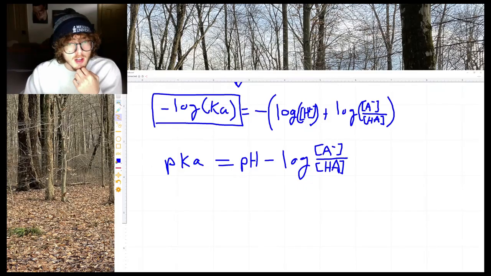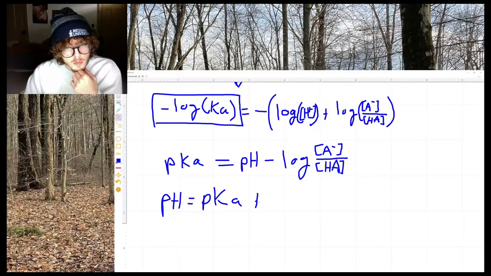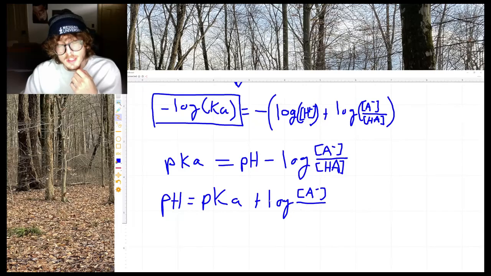Let's move pH to this side and move pKa to this side. We're going to get pH equals pKa plus the log of A minus, the conjugate base, over HA.